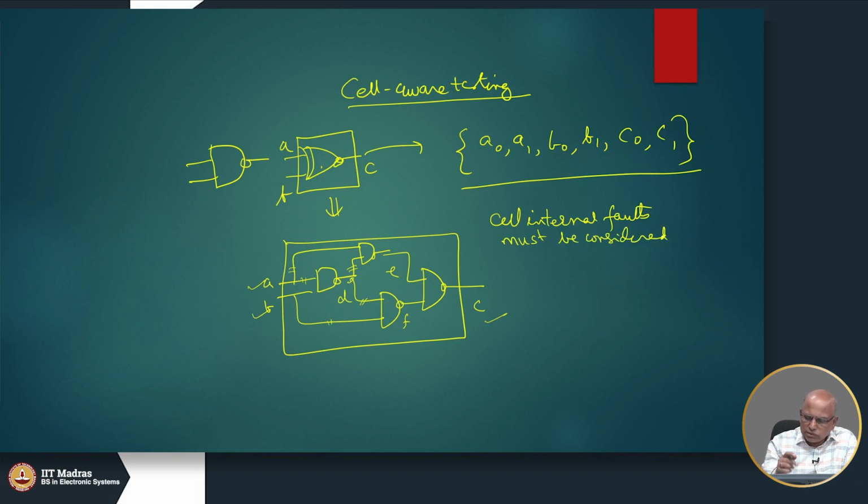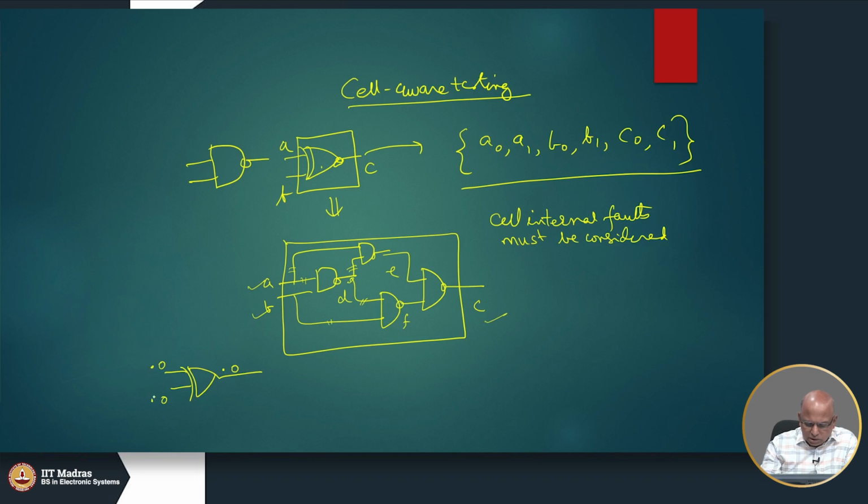See, if you look at the XOR gate alone, we can say there can be a stuck at 0, stuck at 1 on each of the three lines. In an XOR gate, it may not be easy to eliminate based on equivalence.